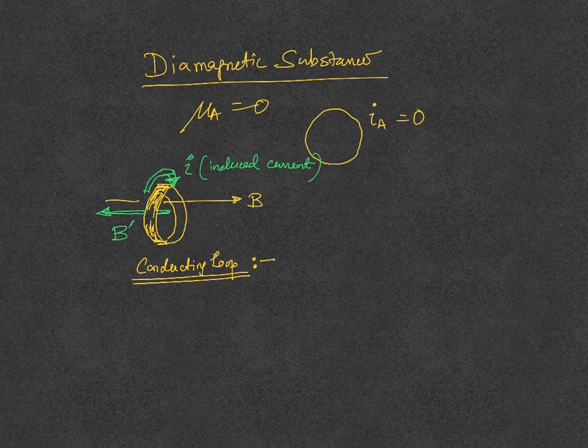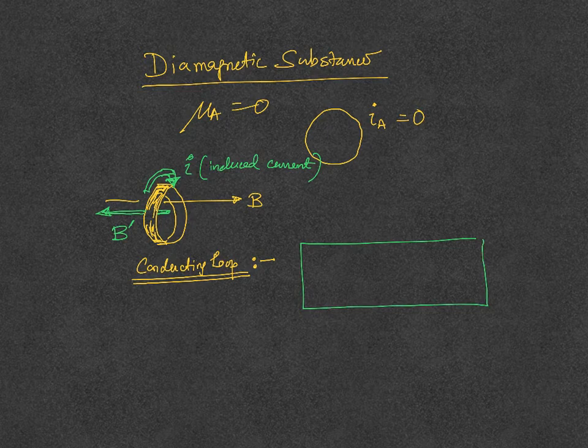So suppose there are diamagnetic substances; they have absolutely no magnetic property. Now, if you keep a diamagnetic substance in an external magnetic field, what is going to happen? Suppose I draw a current carrying loop.